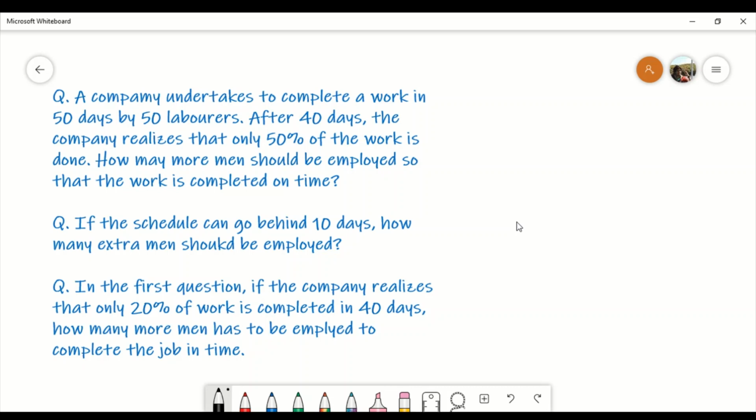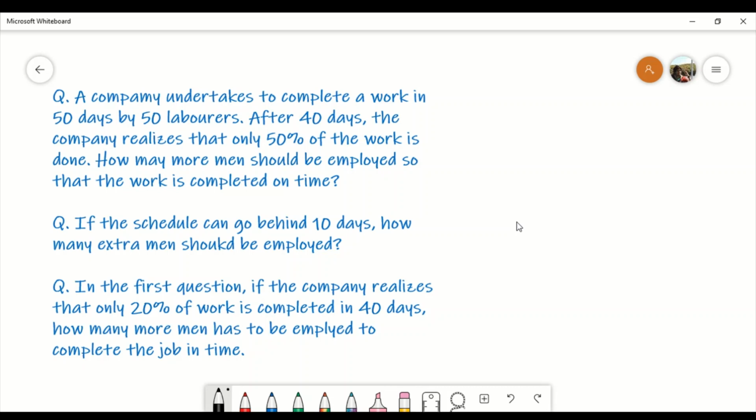But they saw that in 40 days only 50% of the work was done. So if they don't employ any more men, the first thing is in how many days the work will be completed. That will be 80 days, right? Because half of the work was done in 40 days, so the complete work will be done in 80 days. So this is just intuitive.